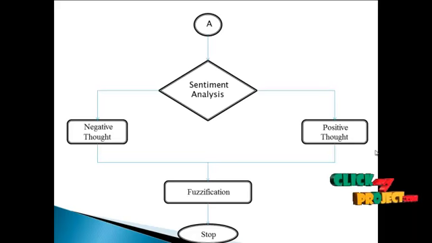Likewise, the positive thought says about the positive comments. From this we do the classification, which is a collection of better, bad, and best from both the negative and positive thoughts. Then comes performance analysis. These are the flow of the process.